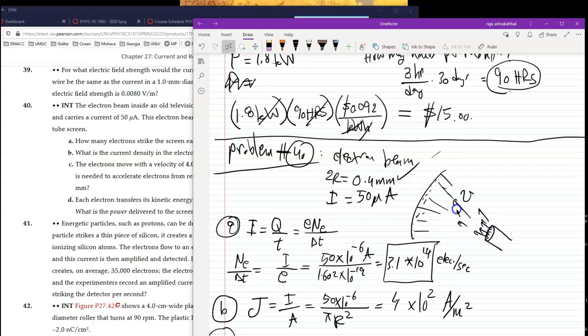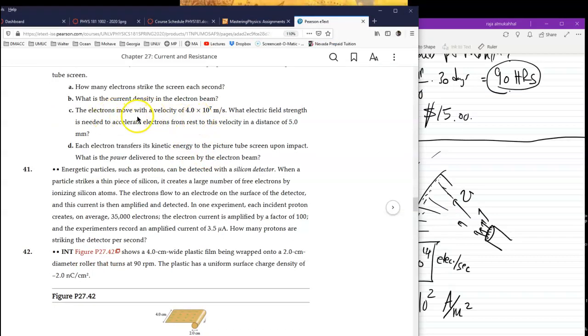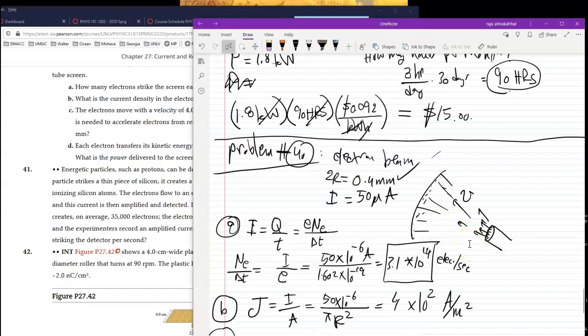That's pretty close to the speed of light, right? What electric field strength is needed to accelerate the electron from rest to this velocity in a distance of 5 millimeters? So think of it like, here is the distance of 5 millimeters from here to here.